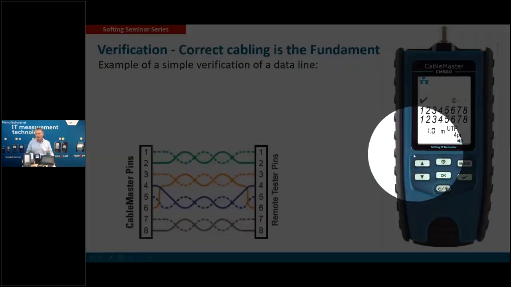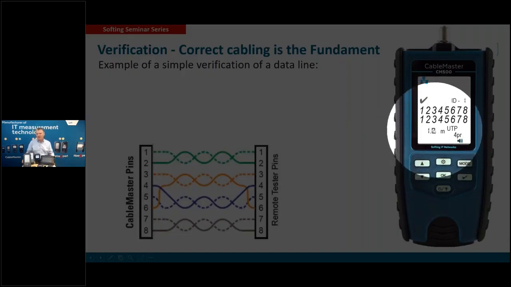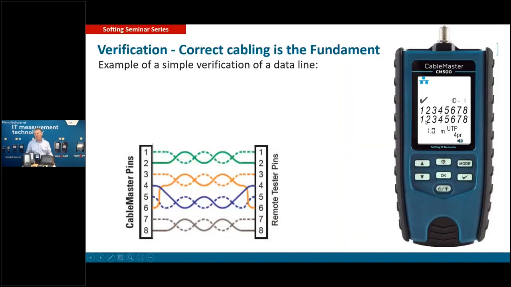It can also show you the length of the cable in meters, as an example. So if everything is okay, like this one, as you just see here, you will get this yes, well done sign.